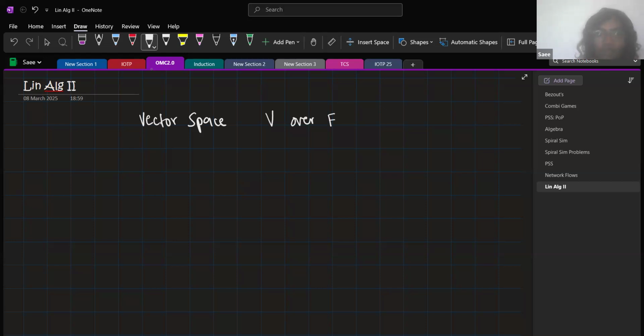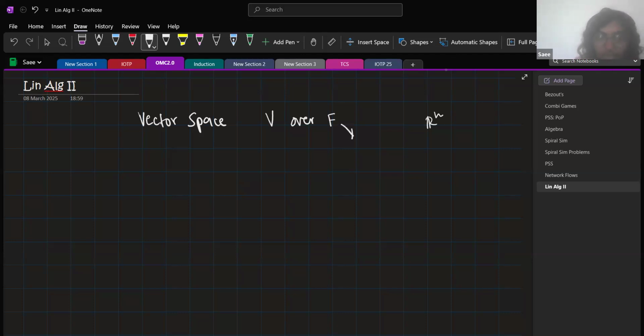When you think of a vector space, a good example to keep in mind, if it seems too intimidating, is something like R^n or Q^n, the set of all vectors of some fixed size.